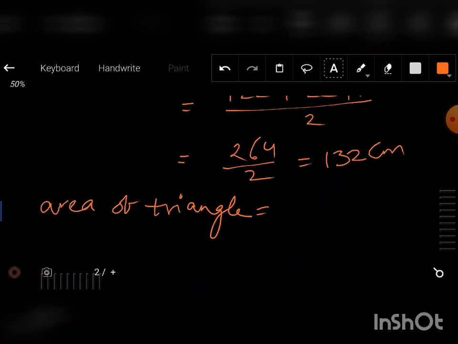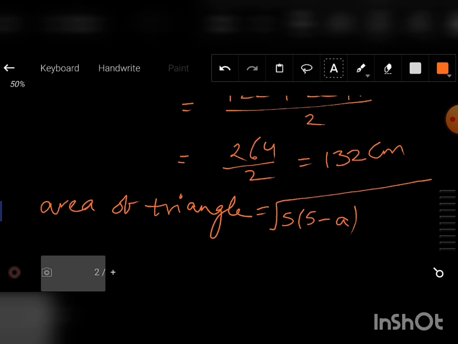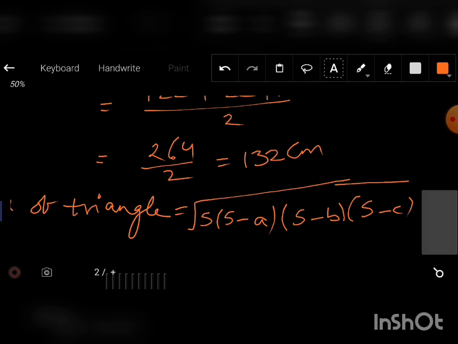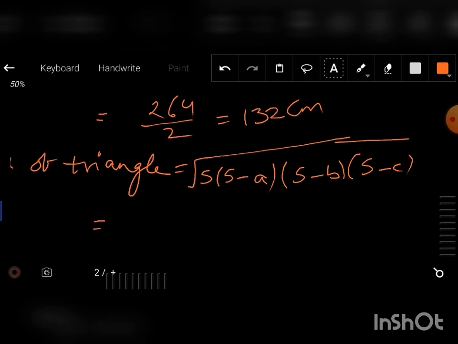of a scalene triangle, we'll use Heron's formula, that is square root of s into s minus a into s minus b into s minus c, where s indicates semi-perimeter and a, b, c are the sides of the triangle.